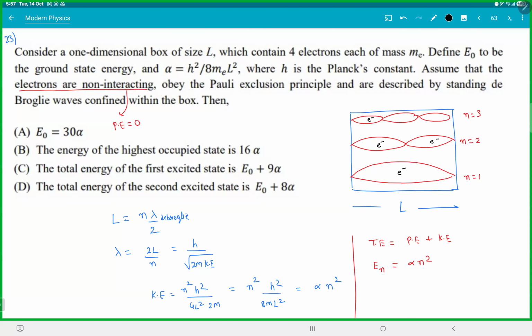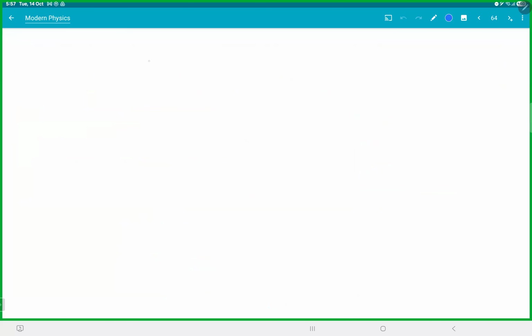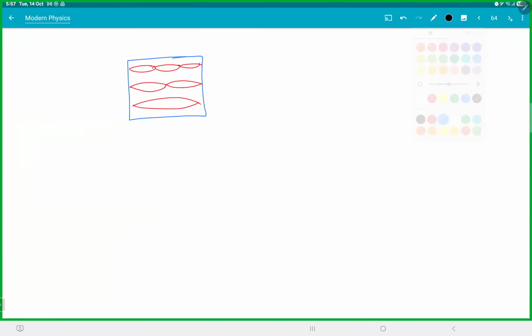E naught is what? So initially, if I take the box, electron, electron, and electron. So this is the initial energy state.